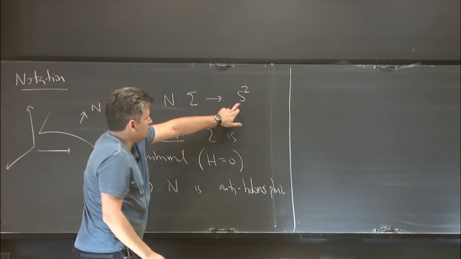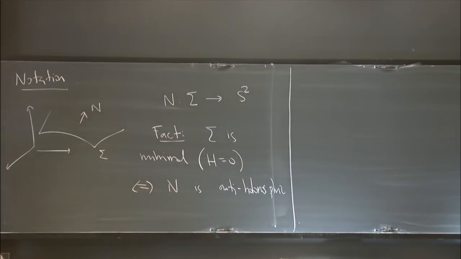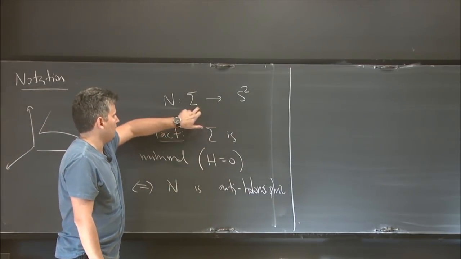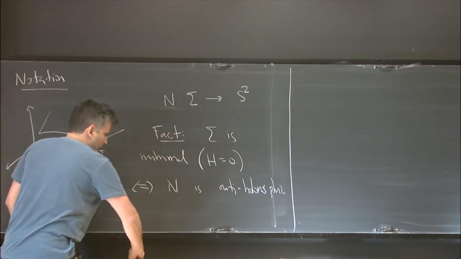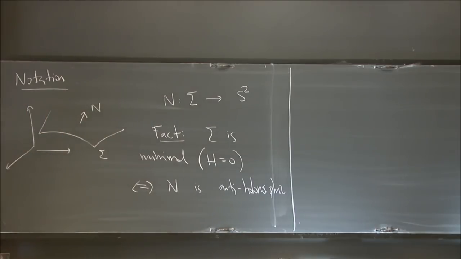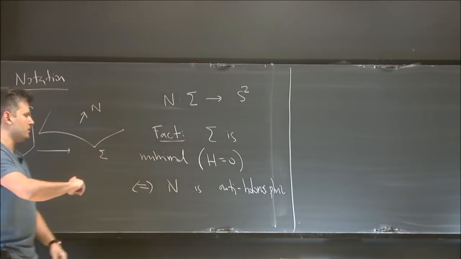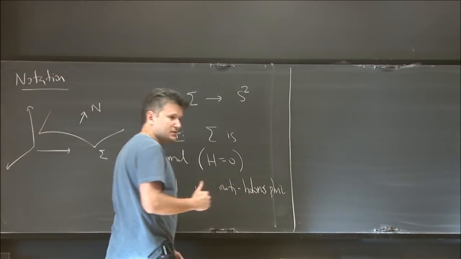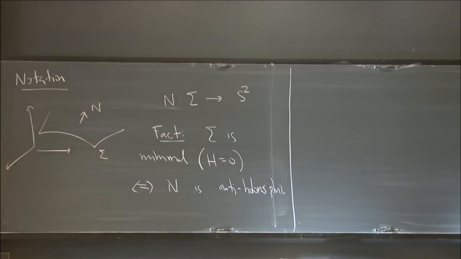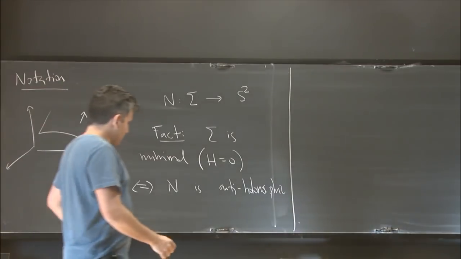And of course, S2 has its standard complex structure. So to be minimal amounts to this map being anti-holomorphic. It will be precisely this H equals 0. And the word anti here is really because H is 0, it means that the differential is changing the orientation. You have trace 0, so one of the eigenvalues is positive, the other one is negative. So you're changing the orientation. That's all that anti means. So you can just think that it's a holomorphic map.